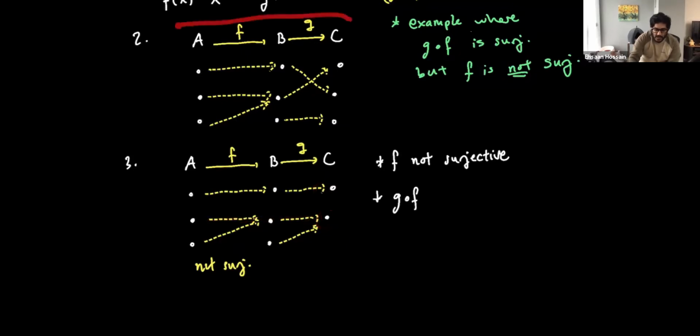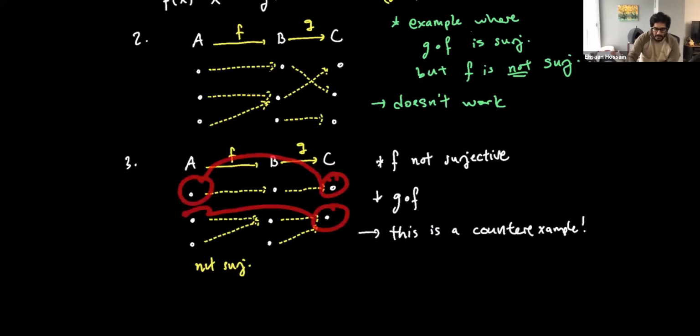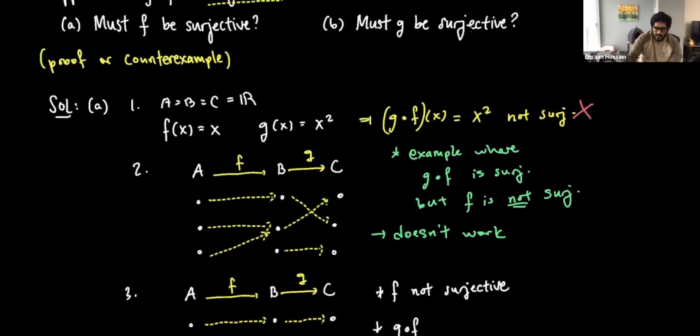That's what failed in the second example, right? This example didn't work. This third example does work. Each point in C can be hit by some point in A. Okay, so A is false.